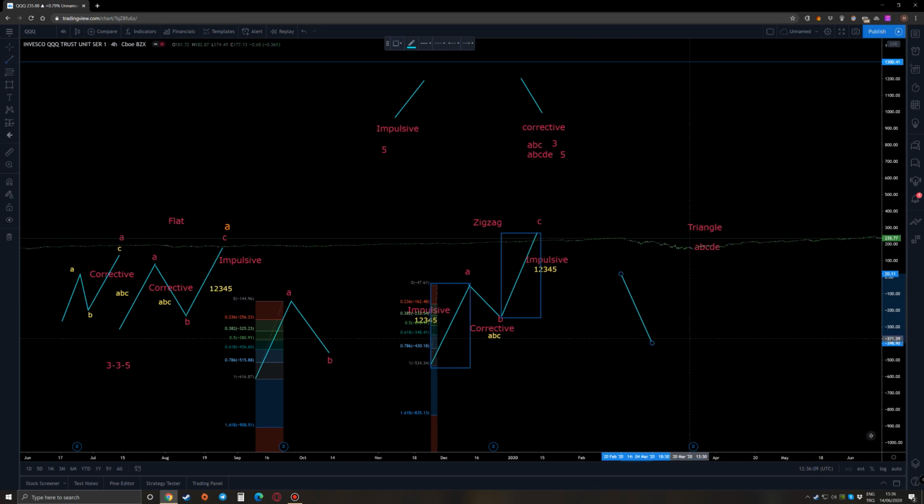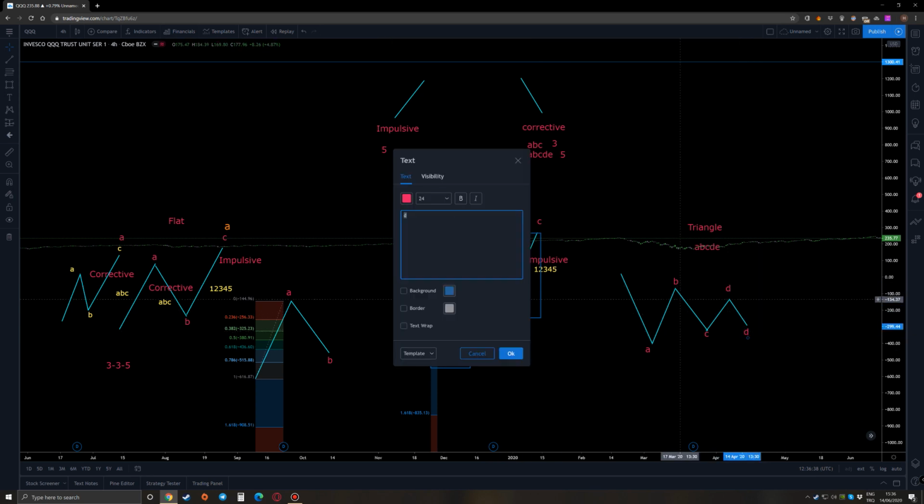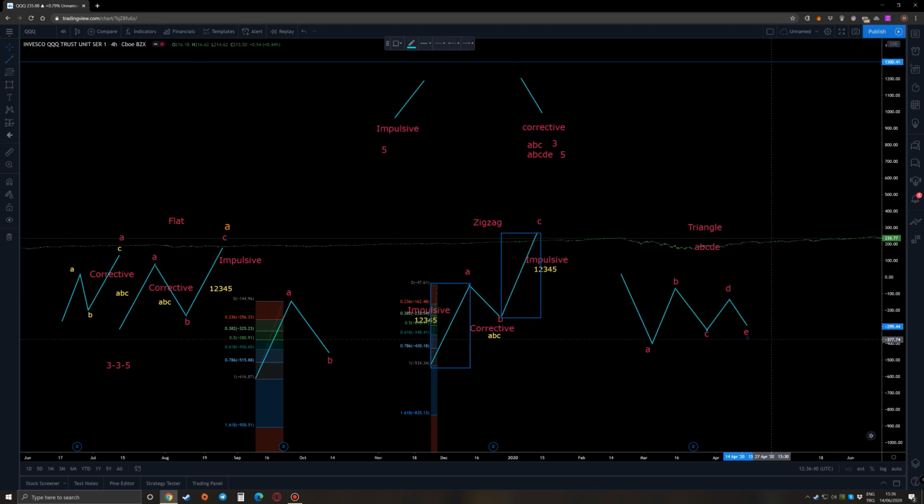Well, a triangle has 5 legs: A, B, C, D, and E. So, A, B, C, D, and an E. This is what the triangle looks like.